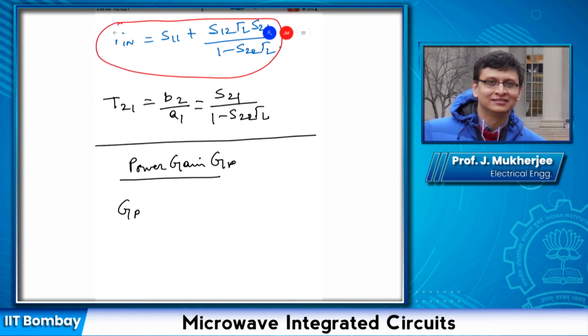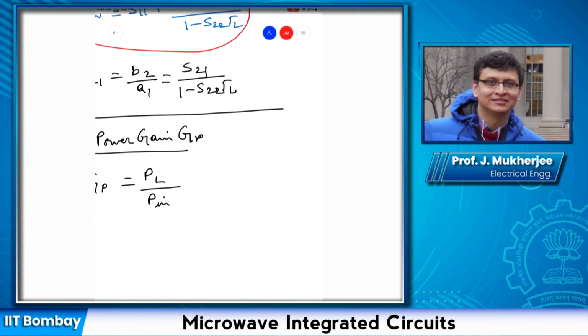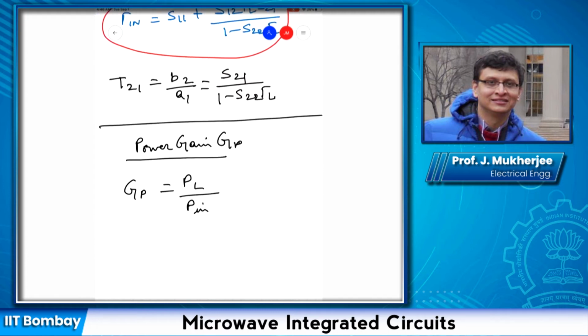GP is equal to PL upon P in. Let's redraw our two-port network.